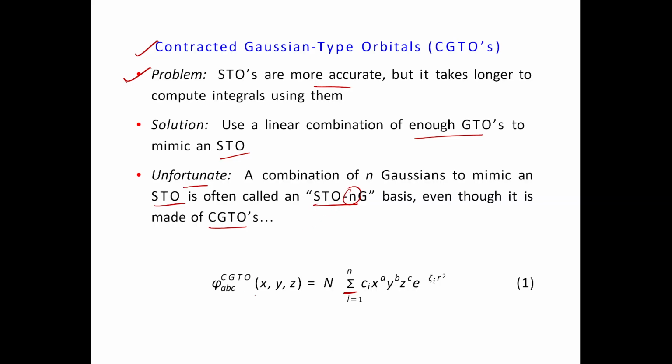What's happening here is that you are taking a sum from i equal to 1 to n, n Gaussians, to form a contracted Gaussian type orbital, which represents your Slater type orbital, right? And the different Gaussians are controlled by your zeta i's, which are the exponents.